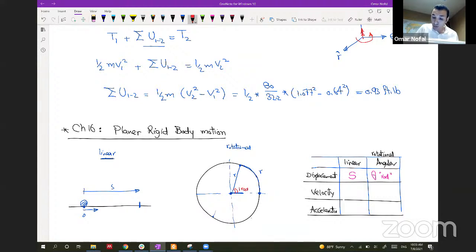If you were able to do 2r on this curve, another 1, it will be 2 radians. If you were able to do an angle of 2 pi from here to here, so this angle is equal to 2 pi radians, you will be cutting a distance of 2 pi r, which is the circumference of the circle.